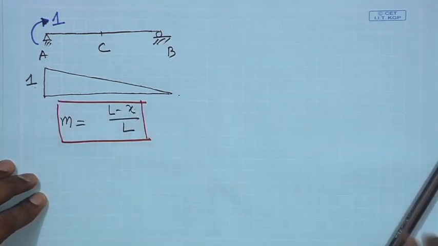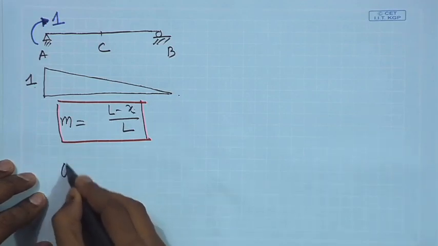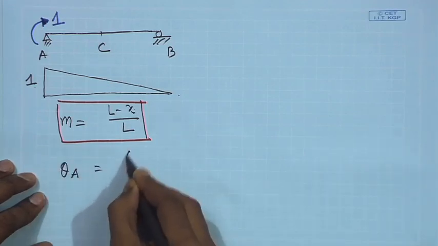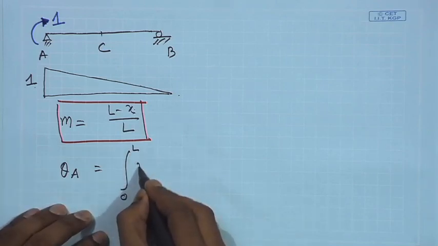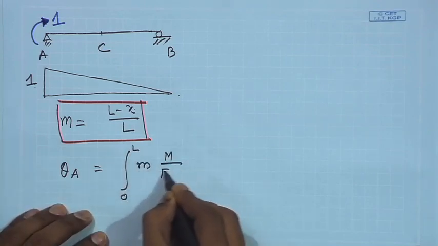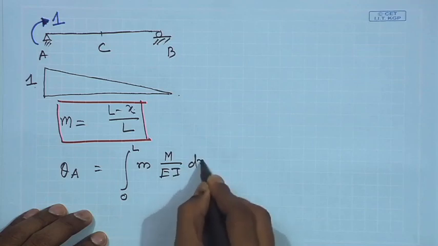Okay. Now, what will be theta A then? Theta A is the integration from 0 to L of small m capital M by E I into dx.